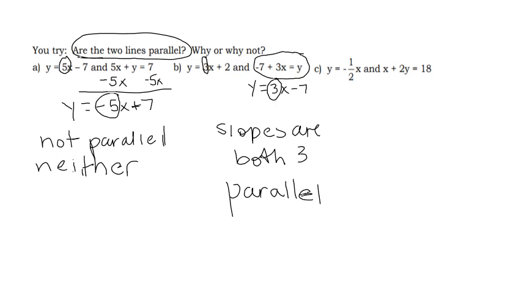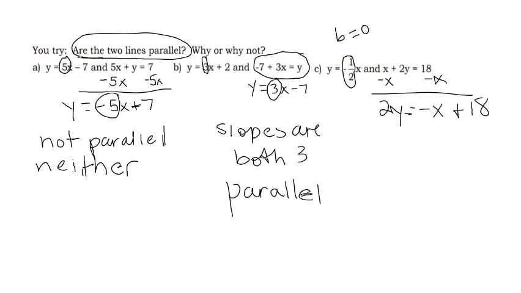Now here we have y equals negative 1/2 x. And our b just happens to be here, 0. So don't let that fool you. Now over here, we're going to have to get the y alone. So we'll have 2y equals negative x plus 18. And we'll divide everything by 2. And believe it or not, this is definitely a place where kids can get messed up because they forget that there is actually a 1 there.